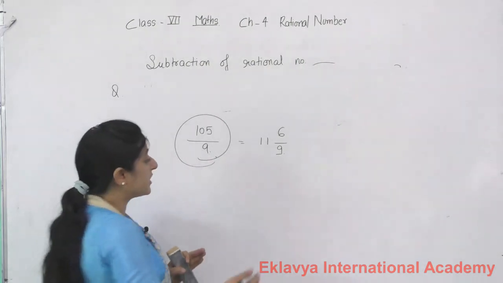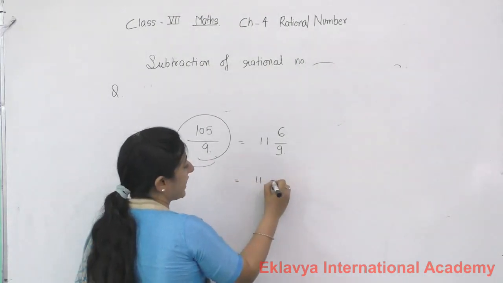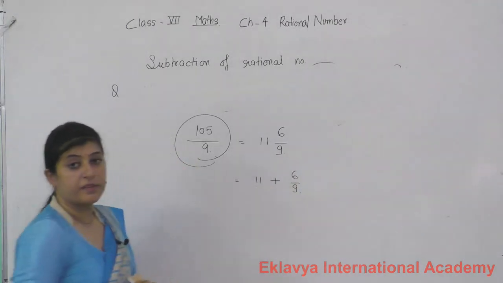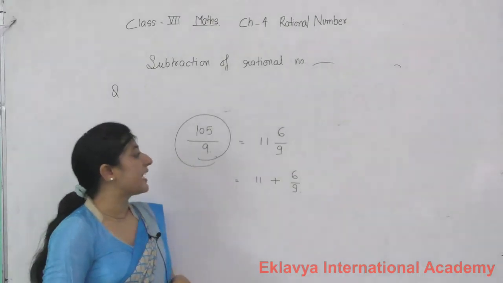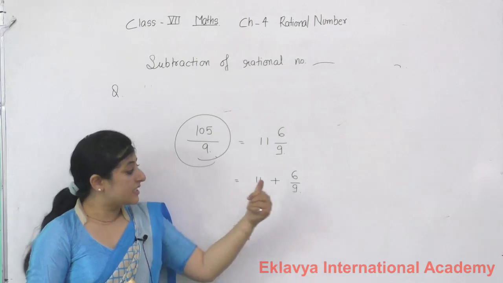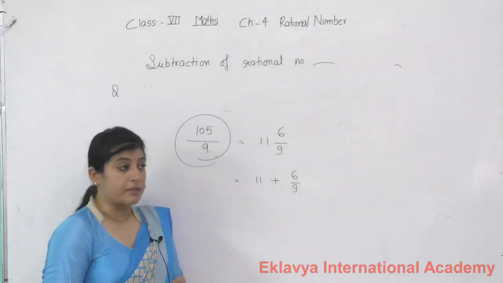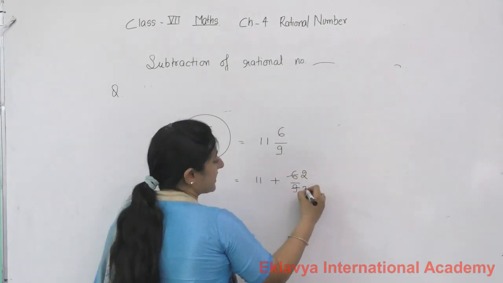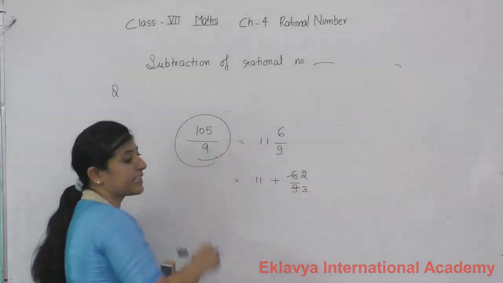Now to change into the sum of two rational numbers, we can write 11 plus 6 upon 9, so we get the same result, that is 105 upon 9. This is a sum of two rational numbers. This is not a correct form because we can cut it also: 3 twos are 6, 3 threes are 9. Here also we can cut by 3.